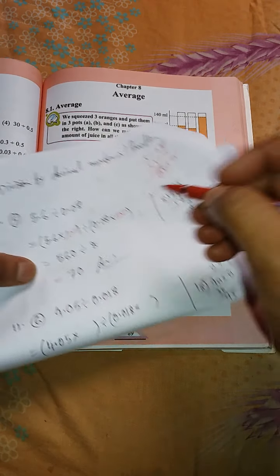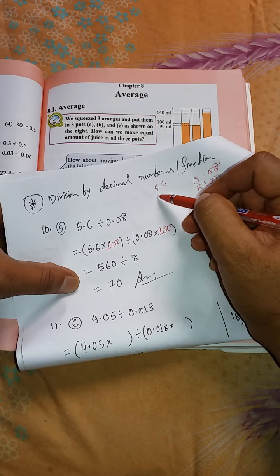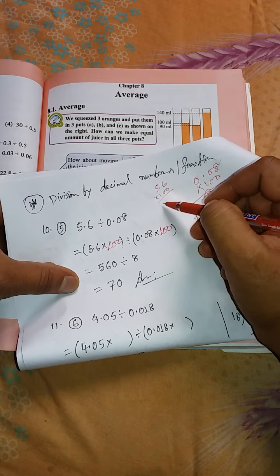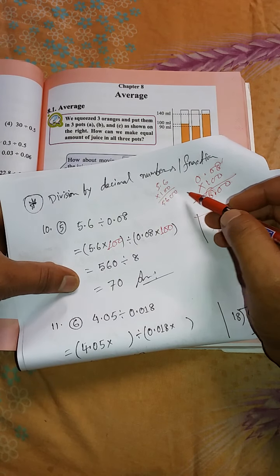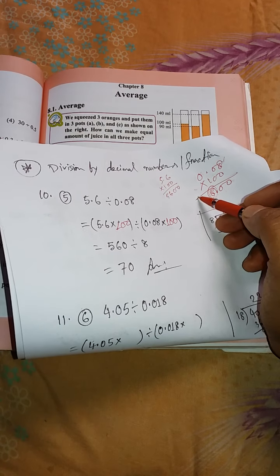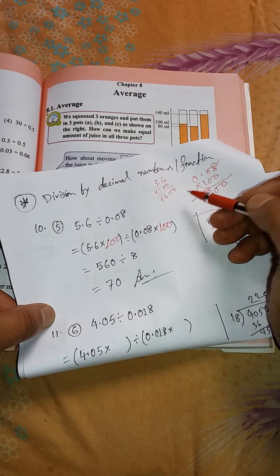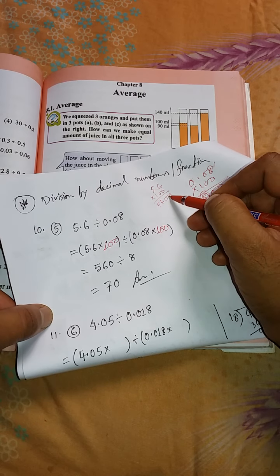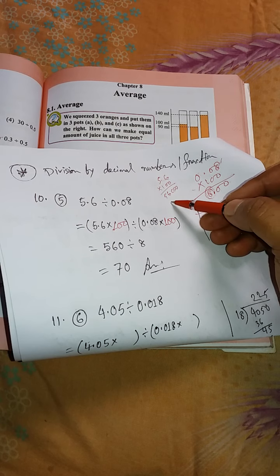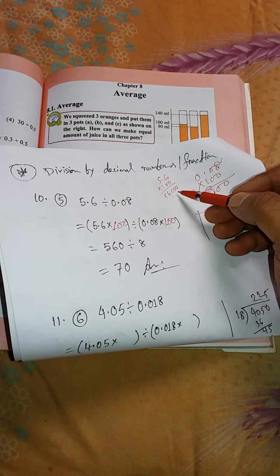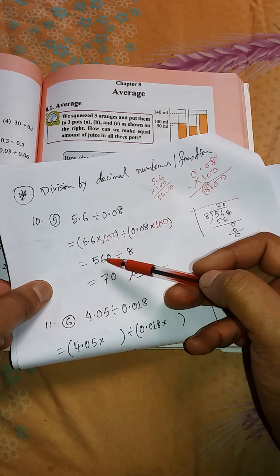How does 560 come? Look here, if I multiply 5.6 into 100, then it will be 560.0. The last 0 has no value, so it is 560 divided by 8.